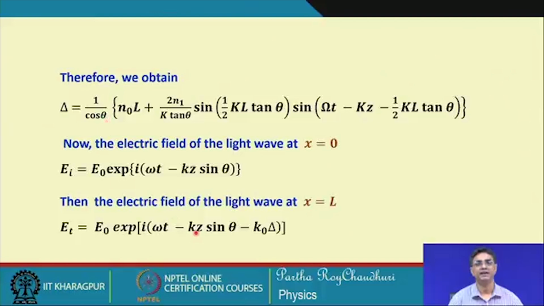So this k contains k0 into n0 and then z sin theta, and this contains this refractive index delta n as well and the path length. So this delta k0, this is the excess of the phase which is coming into play.